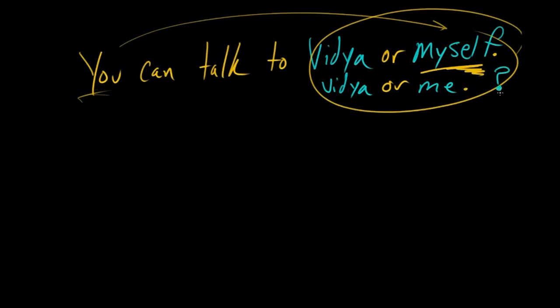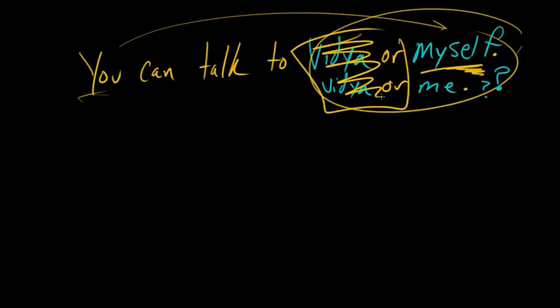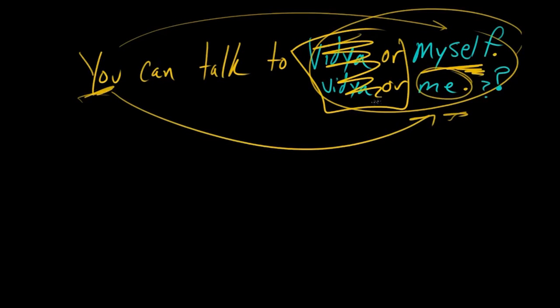How do you tell? Take the other person out of the object, just for a little bit. So would you say, you can talk to myself? Or would you say, you can talk to me? Well, since we know that you is not the same thing as myself, and you can only use reflexive pronouns when the subject and the object are the same thing, the answer is me. So then, we bring Vidya back, we bring the other part of the object back, and it becomes, you can talk to Vidya or me.